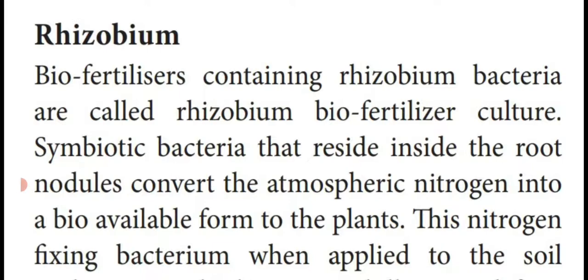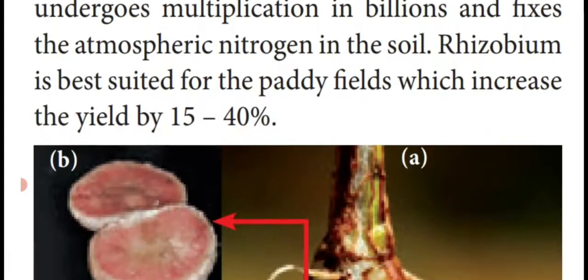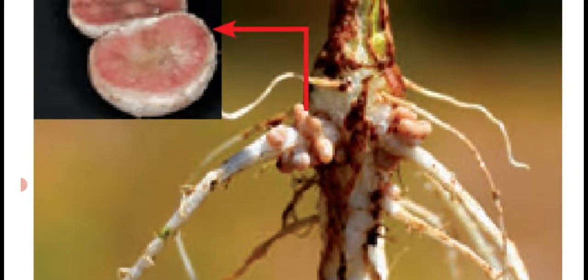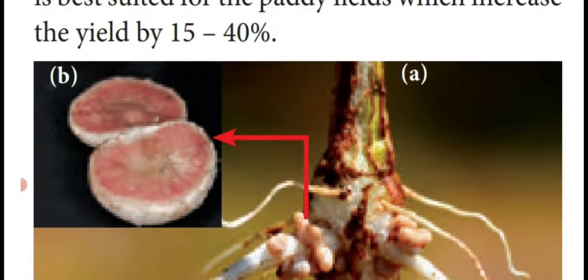So this Rhizobium bacteria is present in the root of leguminous plants in the form of nodules. See the diagram. A small button-like structure is known as a nodule. It looks like a knot, like when you tie a knot in a thread. Like that, nodules are present in the root of leguminous plants. Then one portion of a nodule is given here in a larger size.